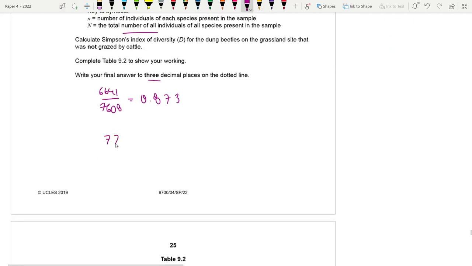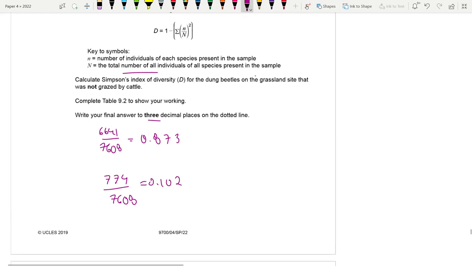What about the next one? 774 by 7608. This is 0.102.